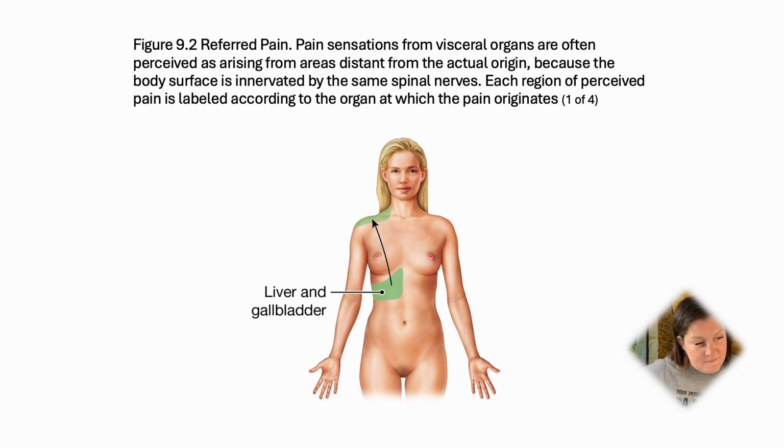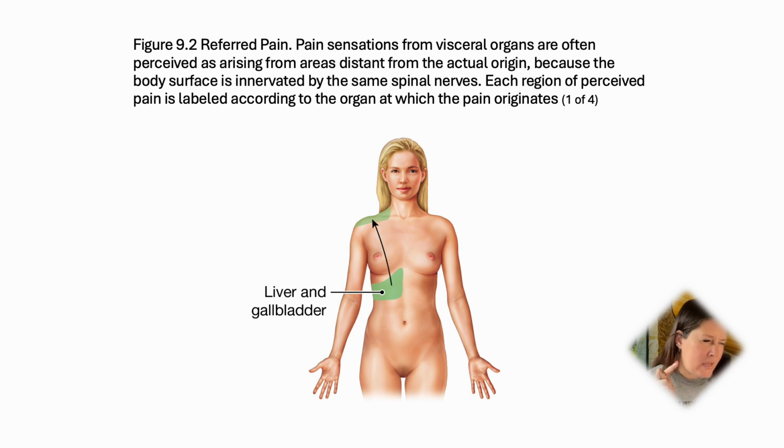It's because of the converging that I'm getting information from not just my heart, but also from those nerves that are innervating my chest wall cavity, as well as other areas that those nerves are innervating, and they all converge into one spinal nerve. But that spinal nerve is getting information from multiple different areas.